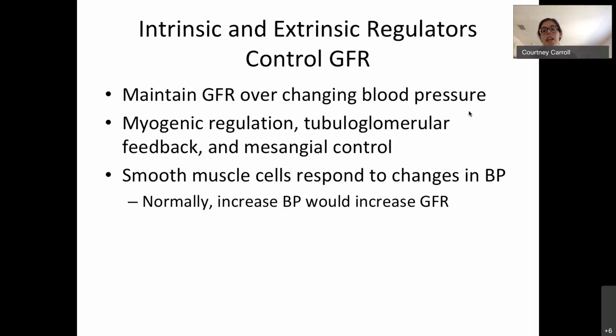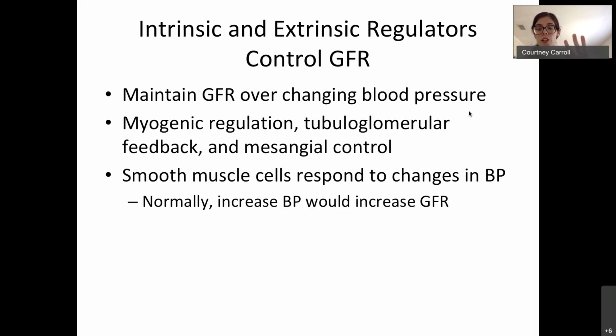Intrinsic are things that happen in the kidney, and extrinsic are hormones released by other organs acting on it. The goal here is to maintain a constant GFR over a changing blood pressure. Blood pressure goes up, we want to make sure the GFR stays the same. Blood pressure goes down, we want to keep the GFR the same. What can we do in the kidney to do that?